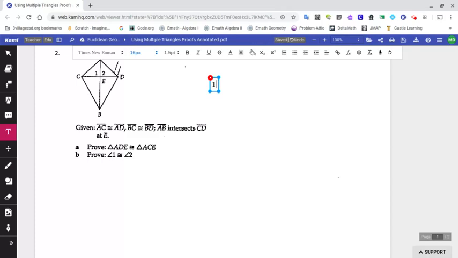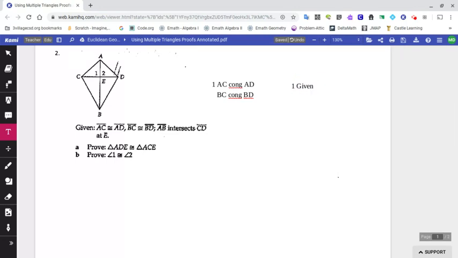So I'm going to list the two givens: AC congruent to AD and BC congruent to BD. That's my givens. Now those are two sides of the two bigger triangles. So I can say AB congruent to AB, by reflexive.